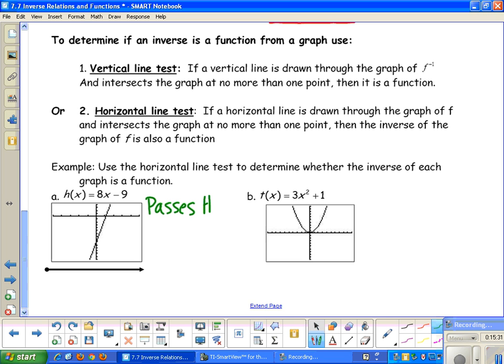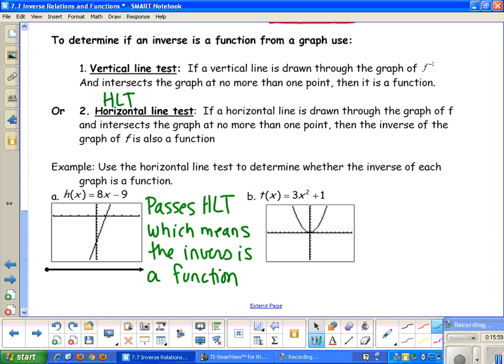I'm just going to write HLT for horizontal line test. And so because this passes the horizontal line test, this means the inverse is a function.